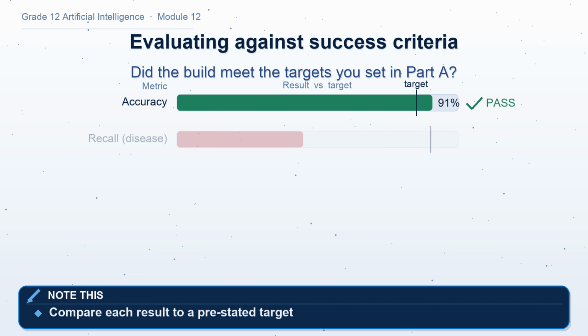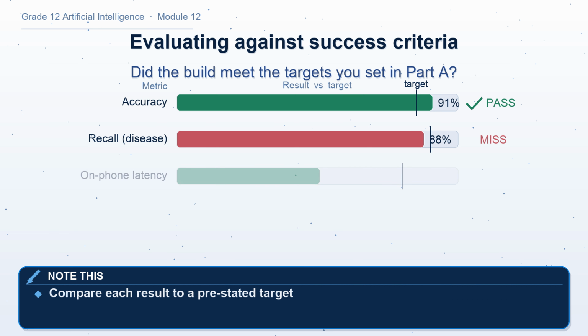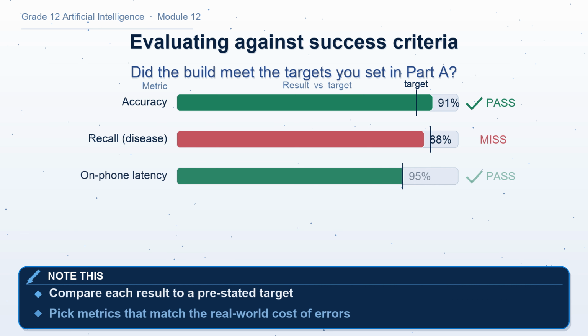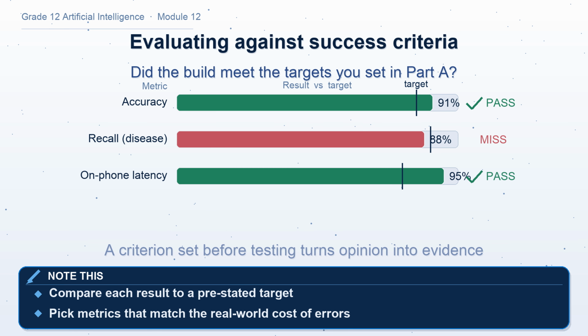But recall on diseased leaves came in at 88%, just below the 90% target. That one misses, and it matters most because a missed disease is the costly error for a farmer. Latency on the phone comfortably passes. Choose metrics that match the real goal, report them against pre-stated targets, and let the evidence speak even when it is not all good news.